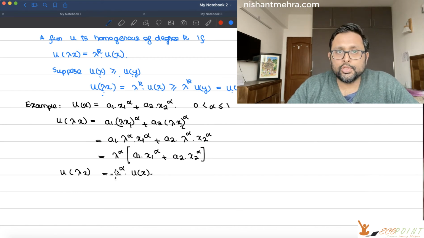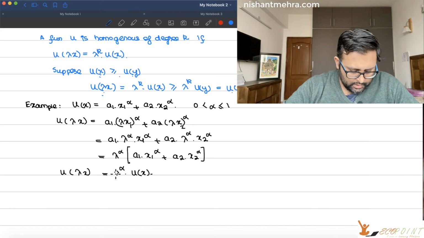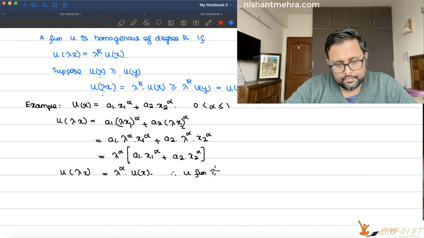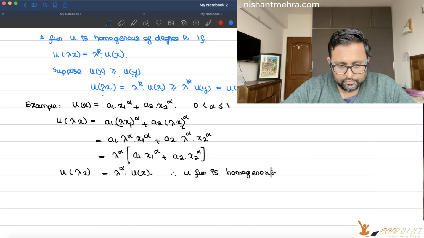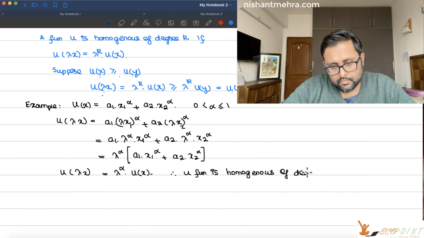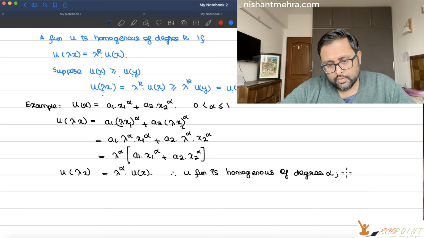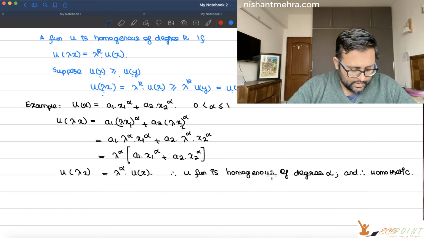So this u, therefore the utility function, is homogeneous of degree alpha. And since it is homogeneous, as you just said, if the function is homogeneous, it is homothetic, and therefore homothetic.